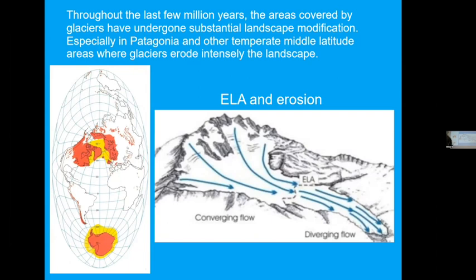So I mentioned Antarctica may be an exception. Last few million years, I don't think there's been that much happening in Antarctica. Glaciers are just cold. They're really large. Some of the largest ice sheets on the planet are in Antarctica, but they're not doing as much erosion as they maybe were in the past.